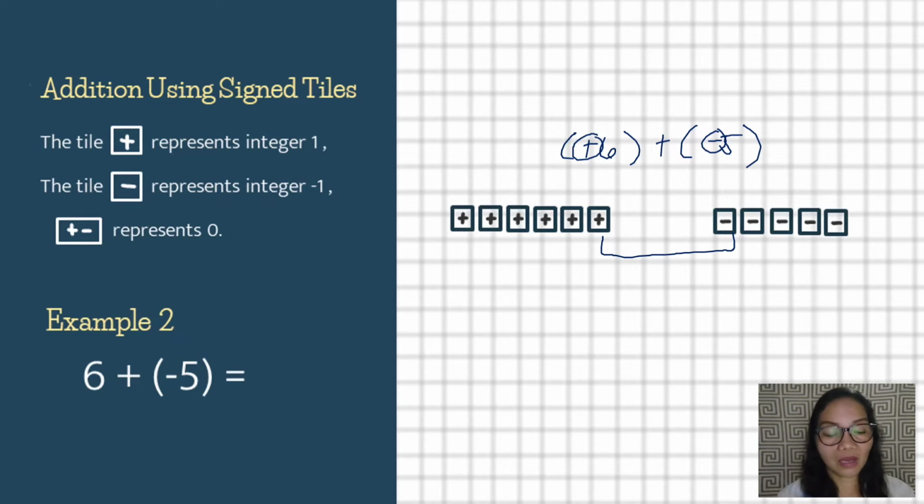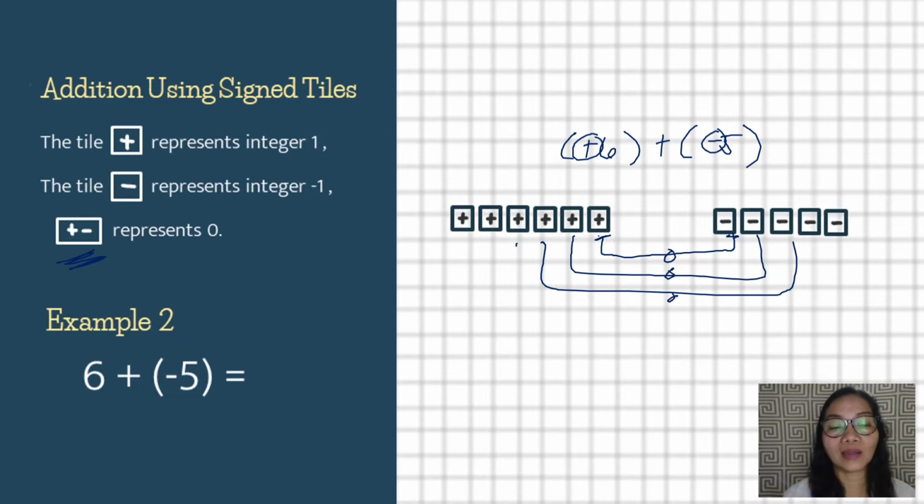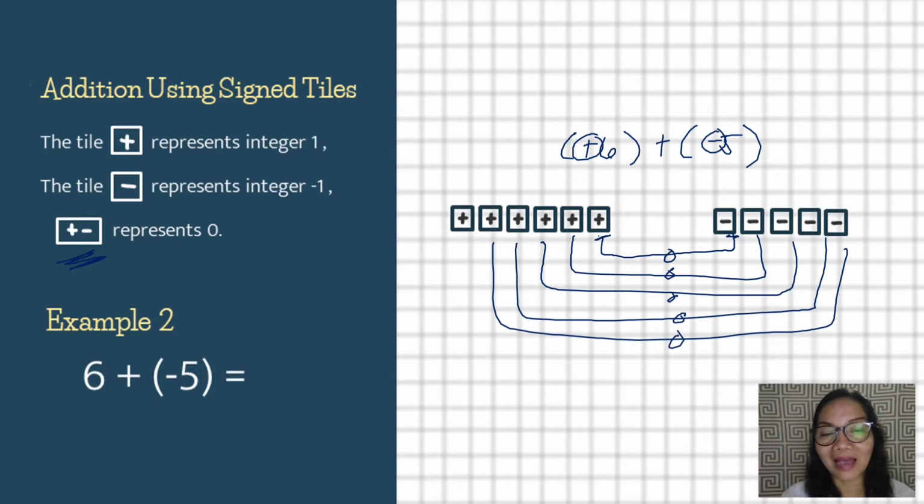A positive tile plus a negative tile, 1 tile each, is equal to 0. 0, 0, 0. So what is left? Only 1 positive tile, because the others cancelled. Therefore, positive 6 plus negative 5 is equal to positive 1.